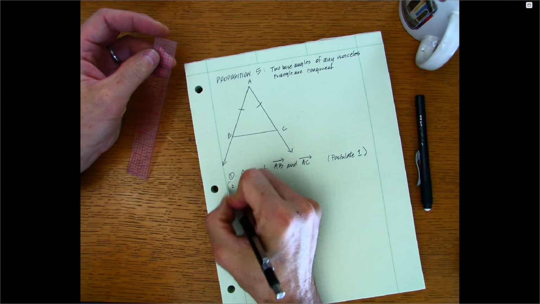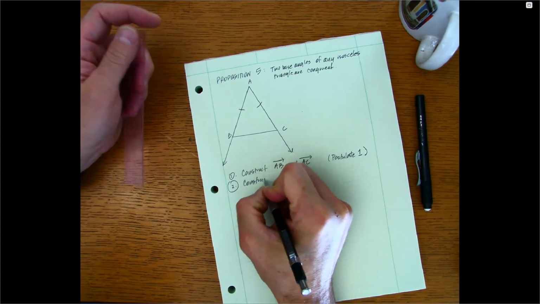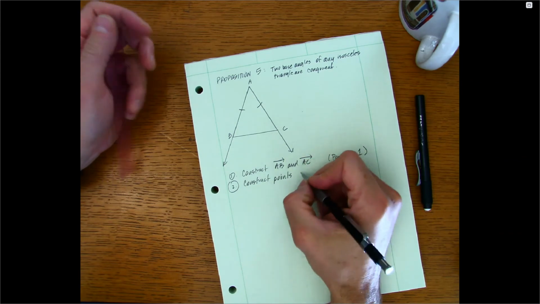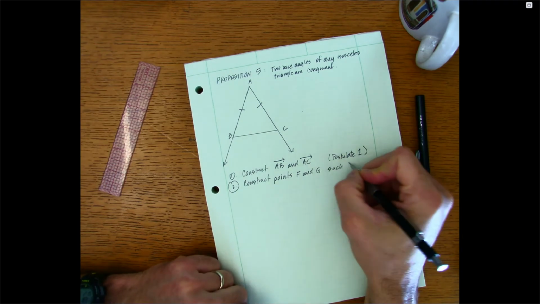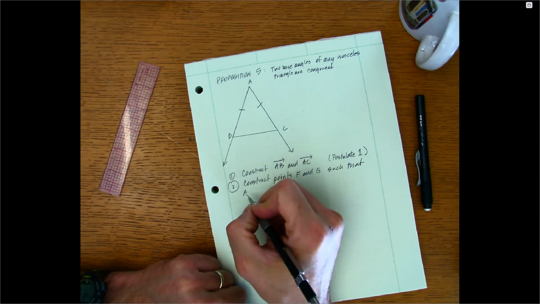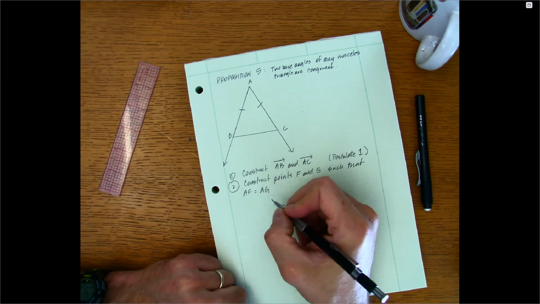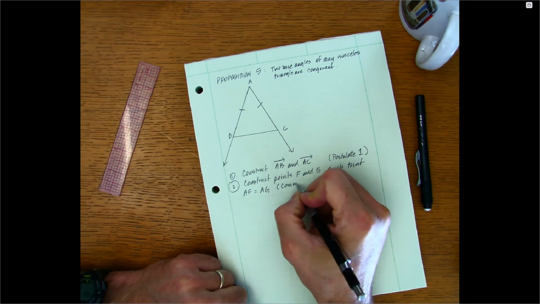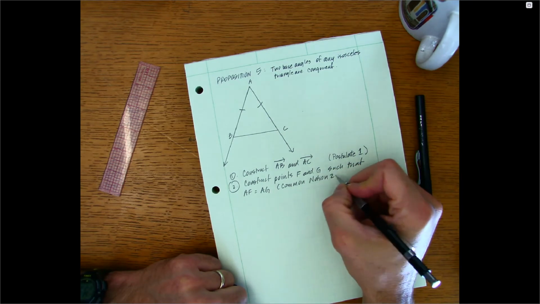Okay. Number 2, what we're going to do is construct points, I'm going to call them F and G, such that AF equals AG. And this would be common notion 2.